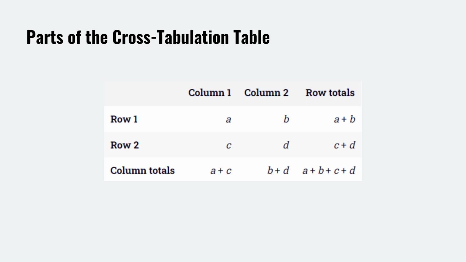Here we need to add A plus B, then C plus D, then add them all together like A plus B plus C plus D. By adding all of these, we can determine the total number of observations in each category and in the table overall. Now, to get a better grasp of the table, here is an example.